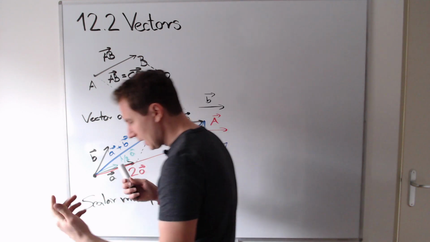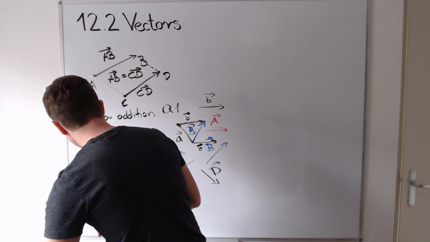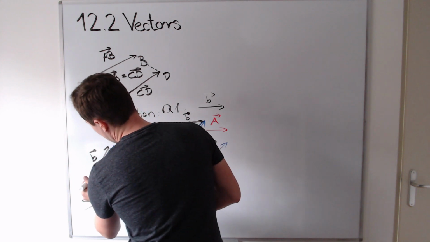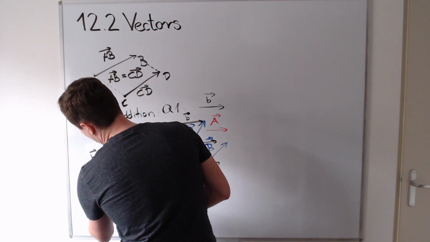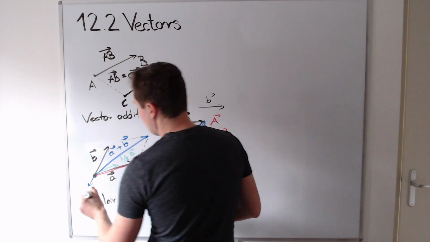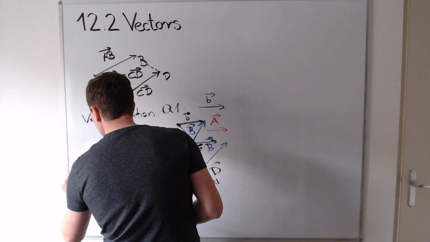And of course, we can multiply vectors by negative numbers. For example, b over here multiplied by -1/3 would be a vector that points in the opposite direction than b, and its length is 1/3 of the length of b.